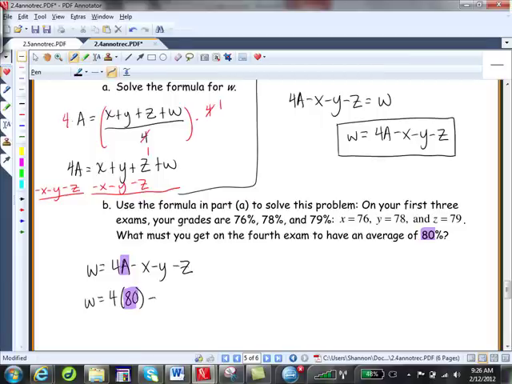Now, minus. So the first exam score was a 76, next one was a 78, and the one after that was a 79. So I'm plugging those in for X, Y, and Z. All right, so go ahead and simplify that.